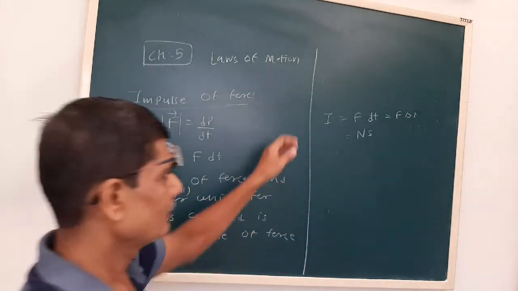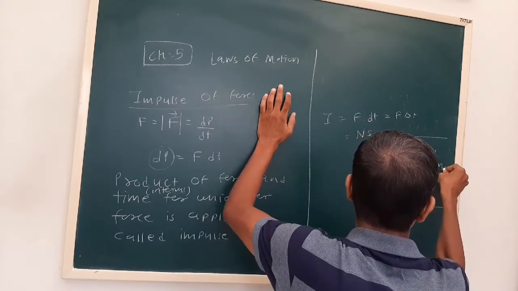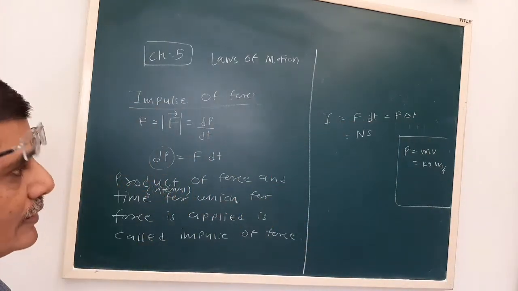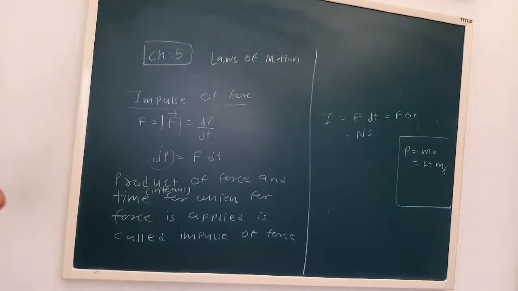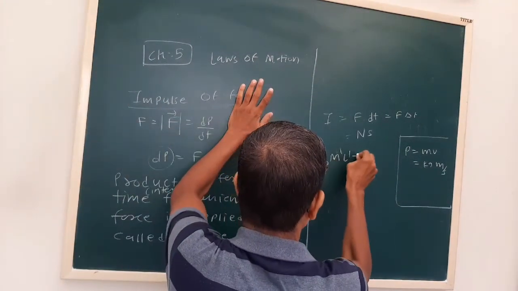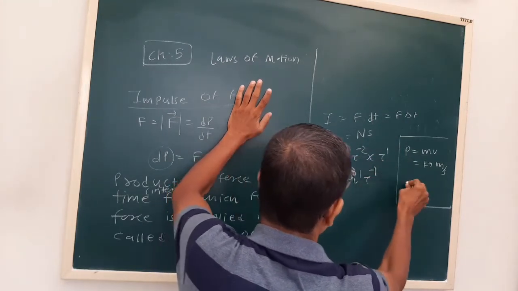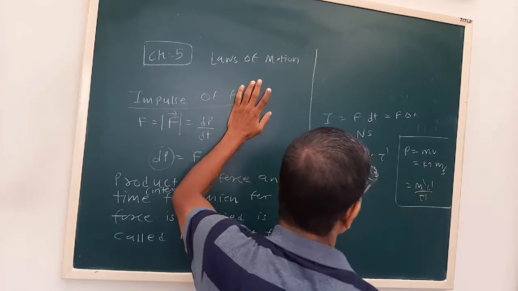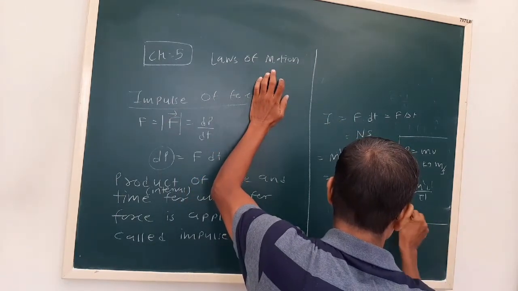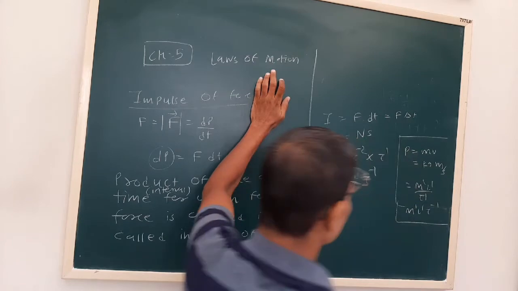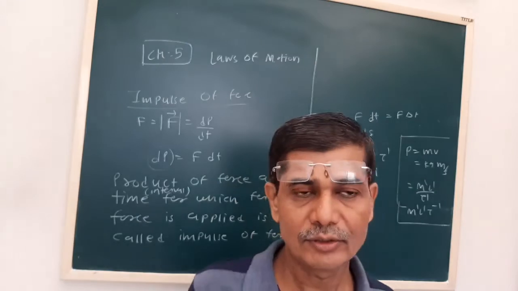One unit of momentum we have seen, p is equal to mv, and p is also F into delta t, so another unit of momentum is Newton second. Now the dimension of Newton is M1 L1 T minus 2, and time is T1. So M1 L1 T minus 1 is the dimension of momentum also. We can see that impulse of force and momentum have the same unit and dimension.